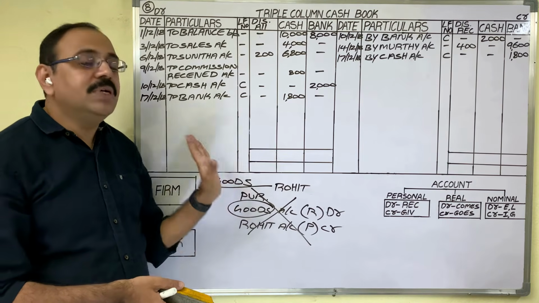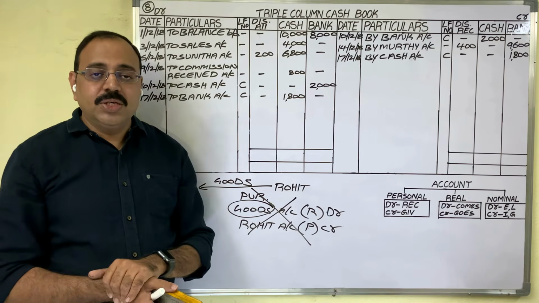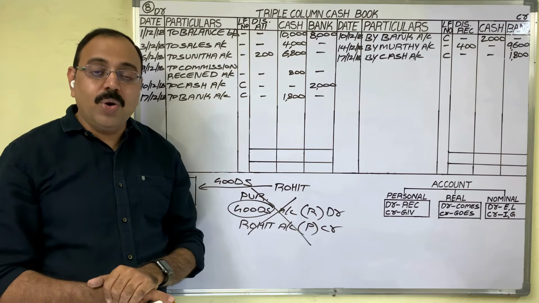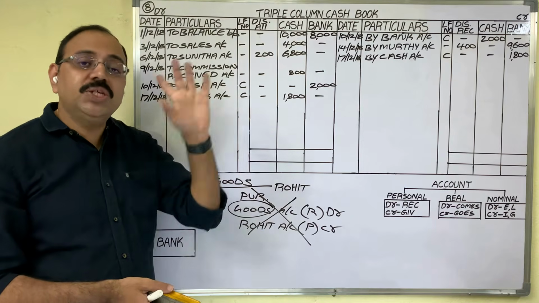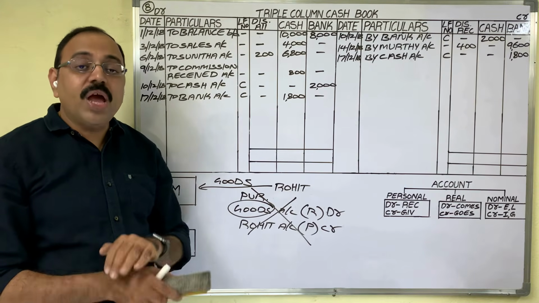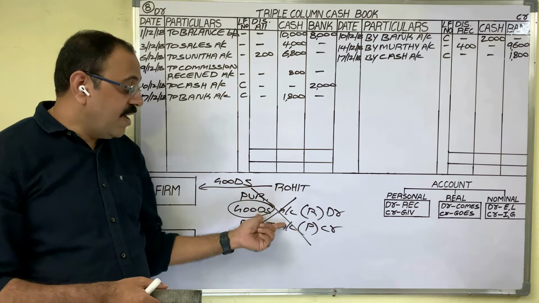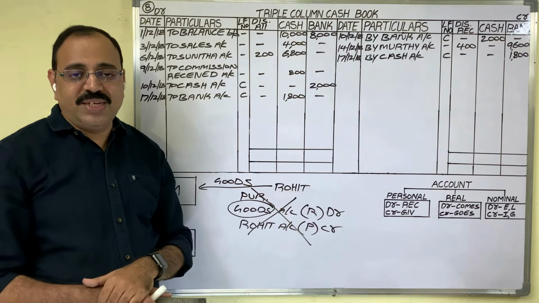This is credit purchase. When goods are purchased on credit, to record that transaction, there is a separate subsidiary book known as purchase book. So this transaction goes in purchase book. Therefore, we have to ignore this transaction. We should not enter this transaction in cash book. Let us move to next transaction.